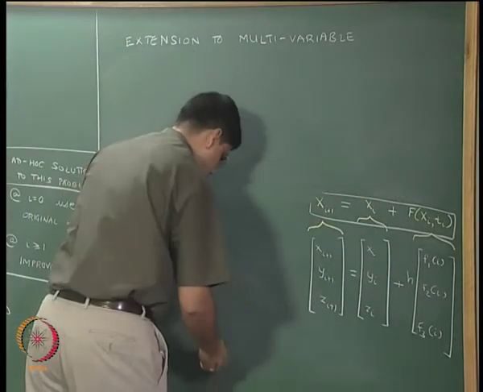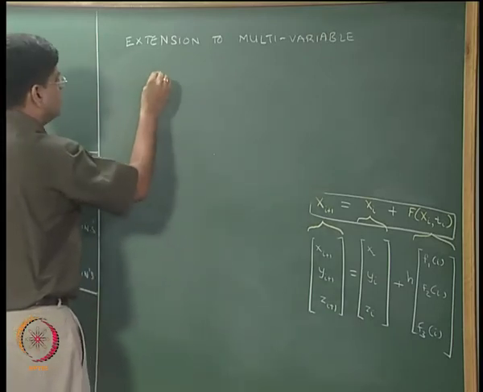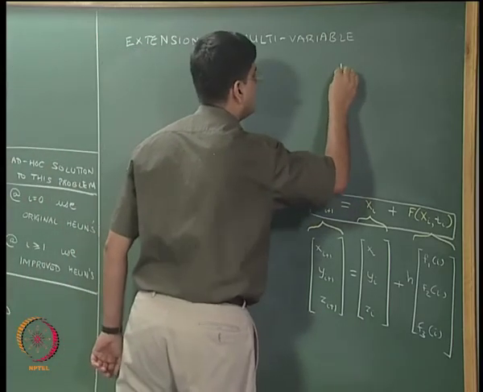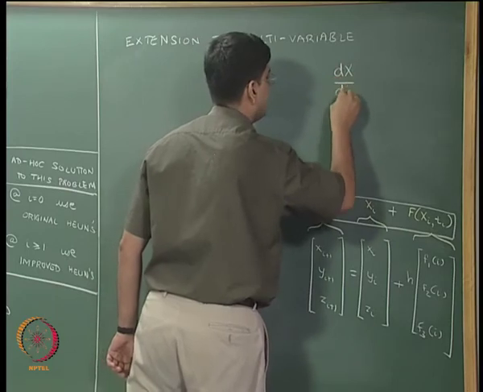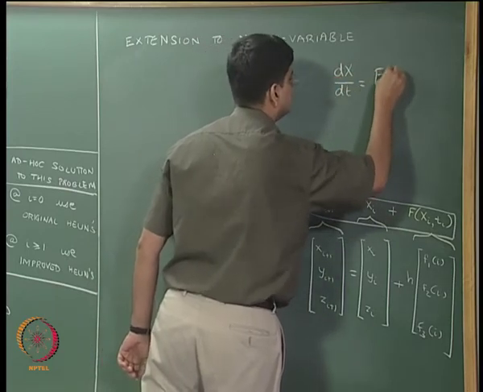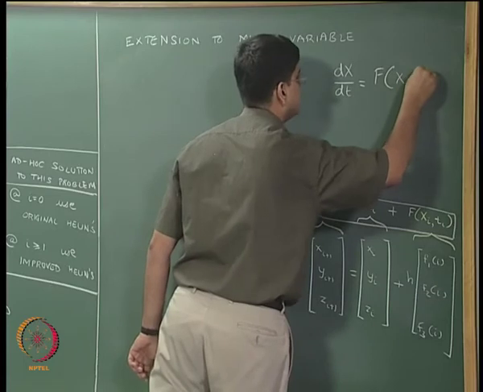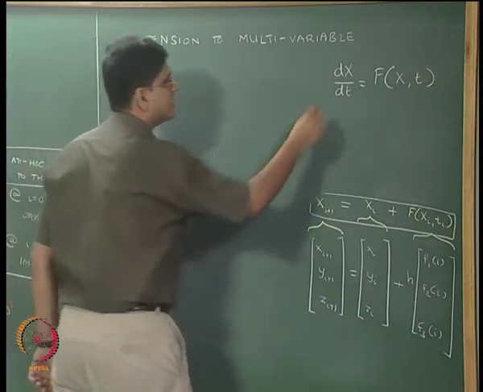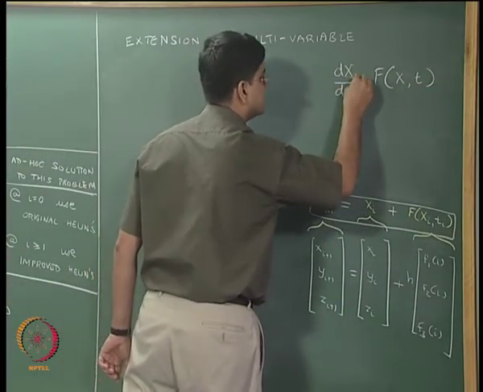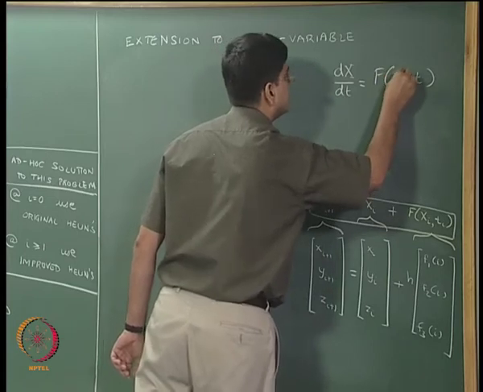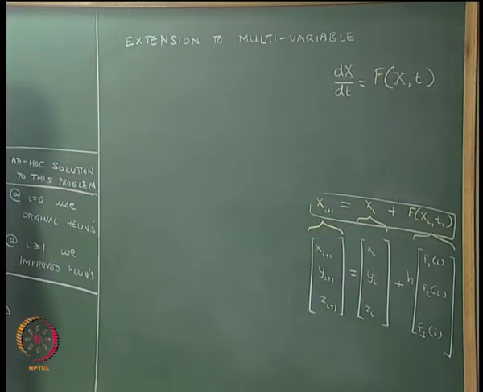So, in the vector notation, the equation that we need to solve is going to be d capital X by dt equal to some capital F of capital X comma t, where capital X is in general a vector, capital F is also a vector.